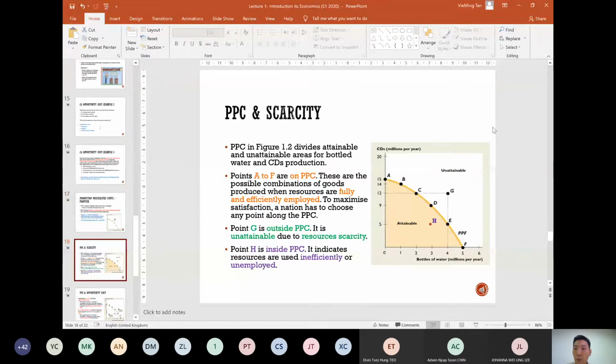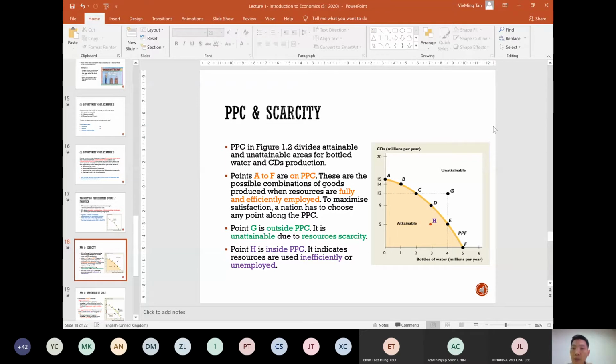If a country would like to produce a combination of CD and, in this case, bottled water. So for PPC or PPF, we only assume that a country or a nation can only produce 2 products only. So for this example, a country can only produce either CD or bottled water.